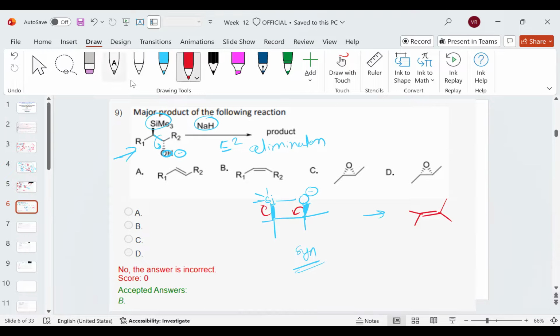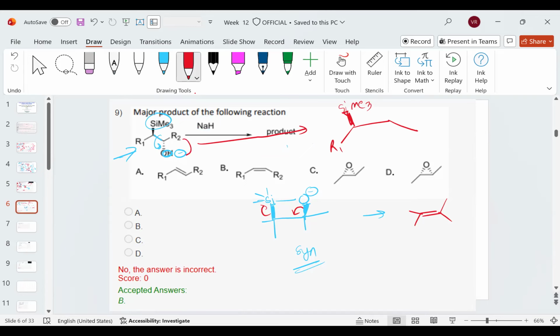I will just delete the unnecessary content from here. If I just rotate this one, then what do we get? We get like this. Now this SiMe3, this R1, they are okay here.